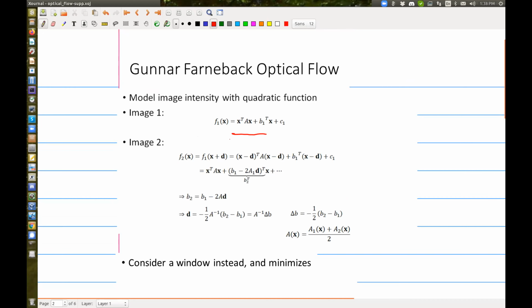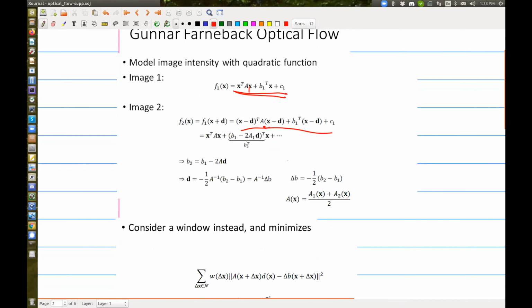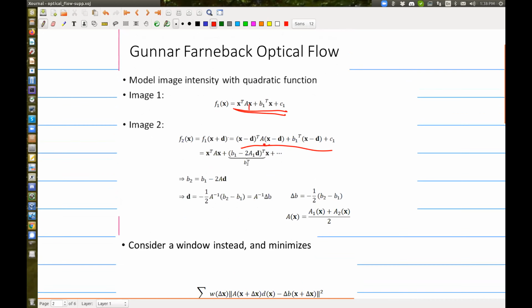So for both images, we fit it quadratically, with A and B here. Here we assume the A to be the same, but you don't need to make the A the same actually. Maybe I put A1 and A2 here.